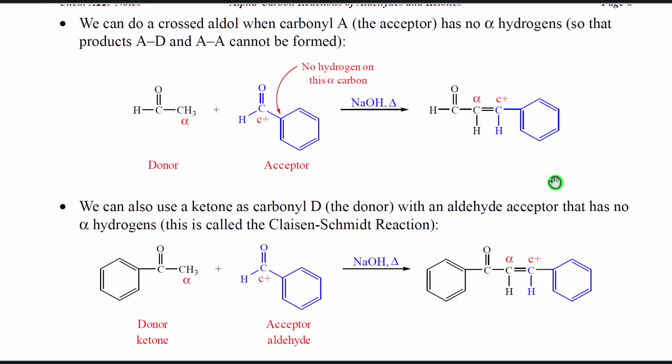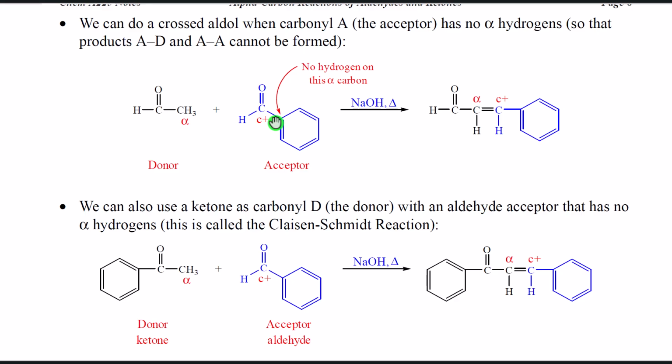Here's an example. We have this aldehyde, acetaldehyde, which has a CH3 in the alpha position, has alpha carbons that can be deprotonated. This aldehyde, benzaldehyde, has no alpha hydrogens, because if we look, this carbon already has 4 bonds.